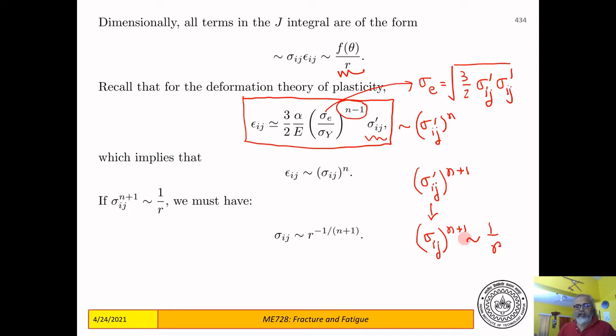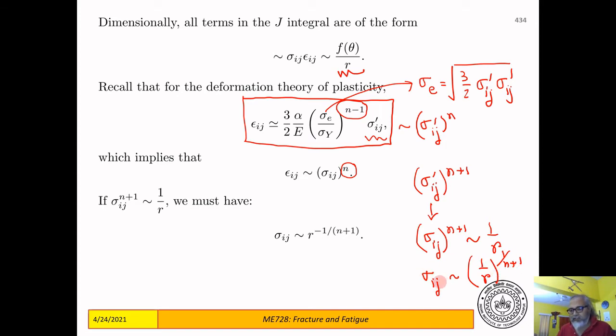Okay, so if that is the case, then sigma ij should go as 1 by r to the power 1 by n plus 1. So for the elastic case, n is equal to 1. So this goes as 1 by r to the power half, which is what we have seen for the elastic case.